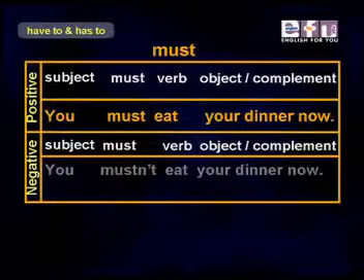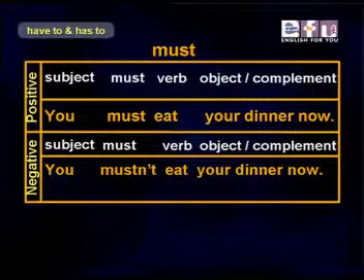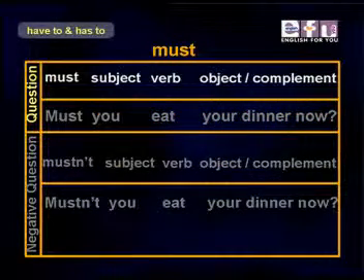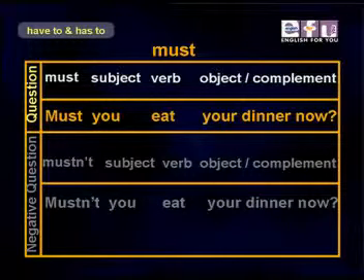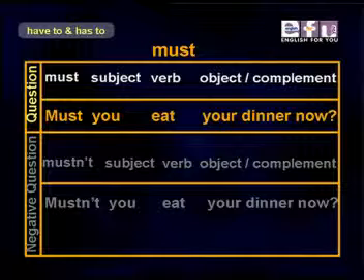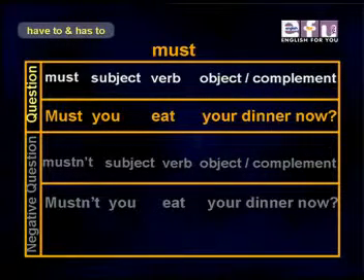For the negative form, we can say, you mustn't eat your dinner now. So we start with the subject, then add must not or mustn't, then the verb, and then the object or complement. The question form is, must you eat your dinner now?